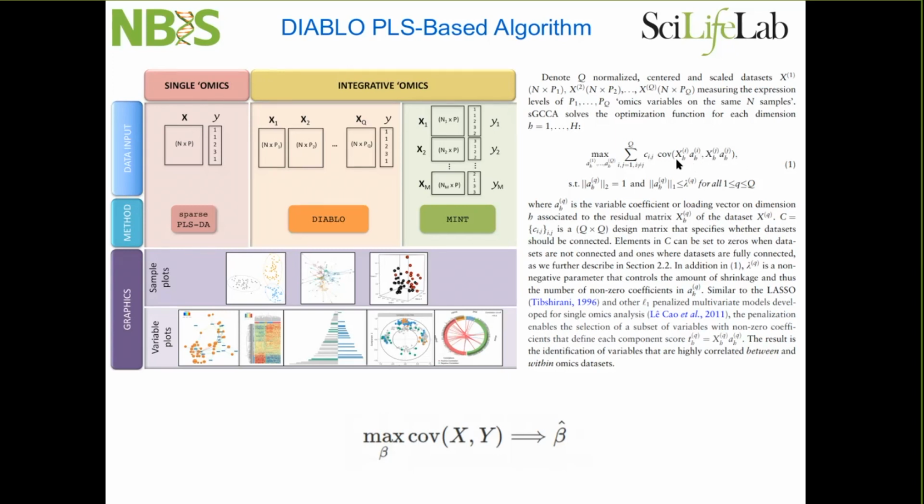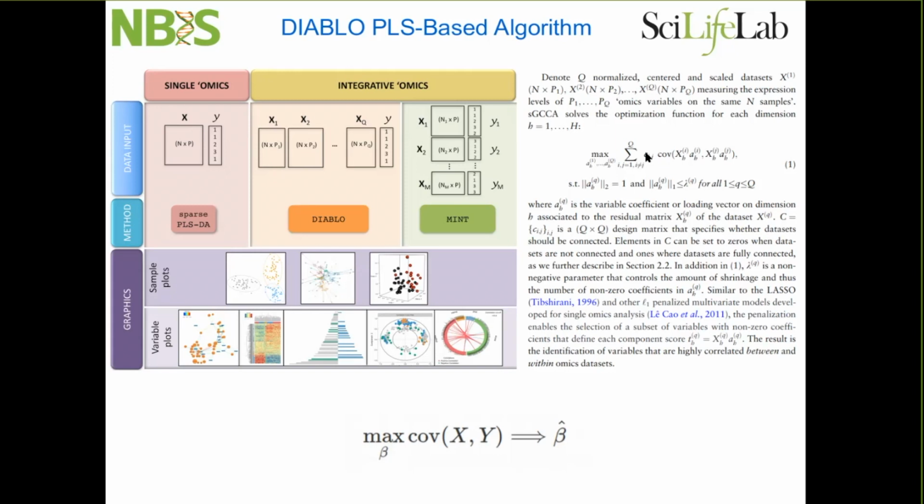Essentially, Diablo computes a sum of pairwise covariance matrices between different omics and maximizes this covariance. In other words, you extract a part of variation that is common between your different data types and try to split it into independent components in order to interpret your model.